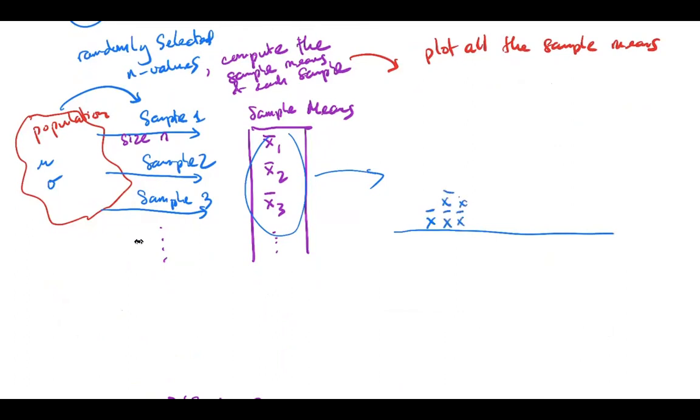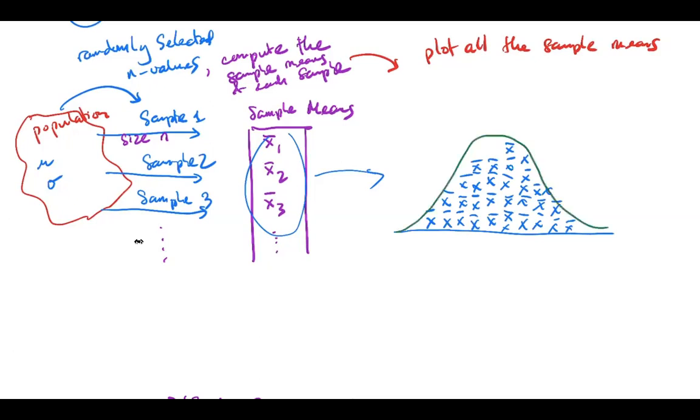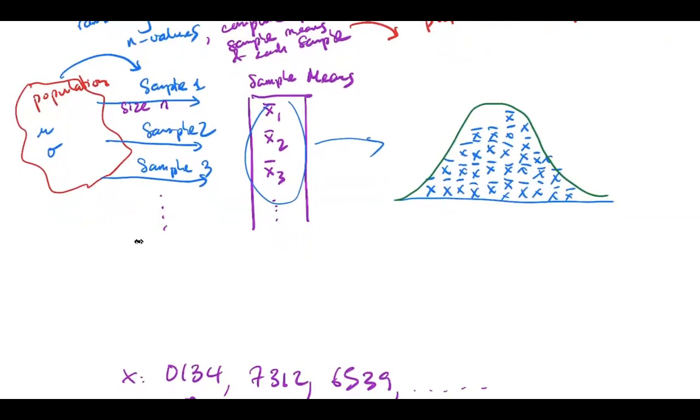I'll tell you in a second what I'm doing here. It turns out that if we plot all the x bars from the samples that we draw from the population, the distribution of all these x bars, all the sample means, is approximately normal.